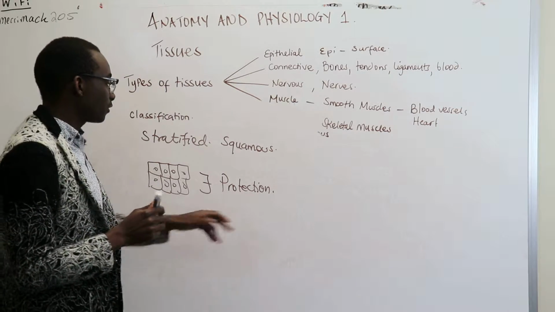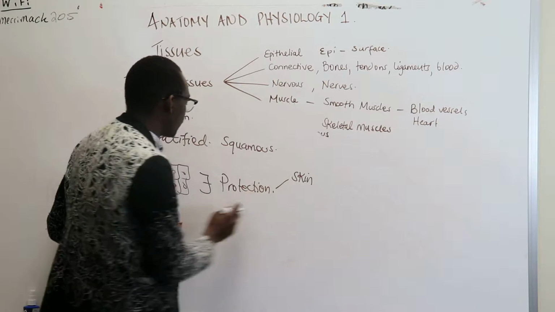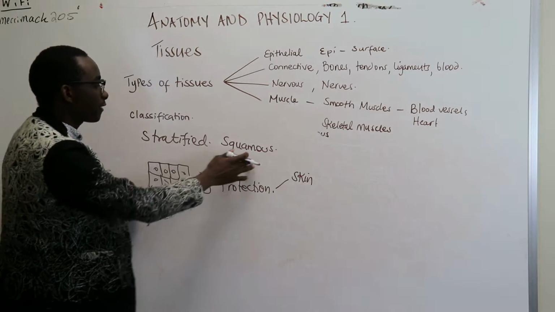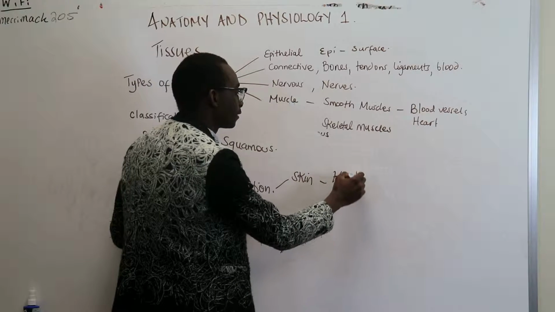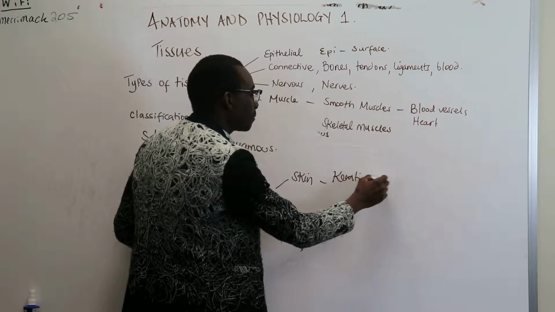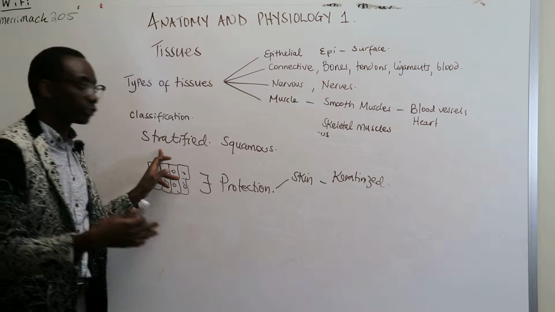And we are going to see this on the skin. And those stratified squamous cells on the skin are keratinized. That means that they have keratin in them. That helps further in the protection.